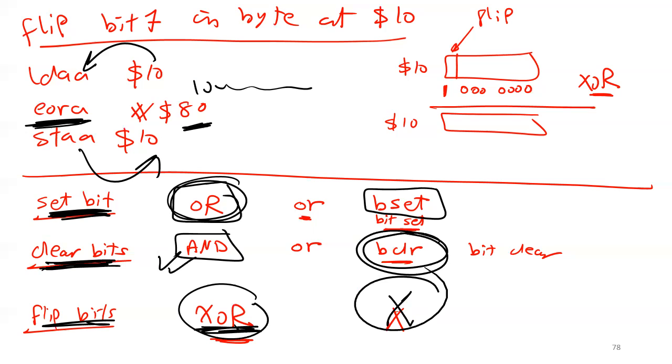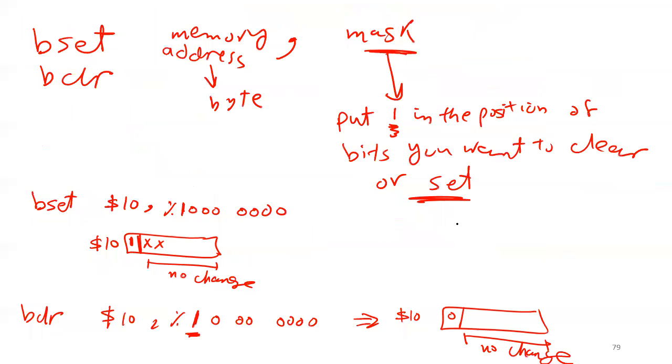Now, how can we do bit set or bit clear? What is the instruction here? This is the format of the instruction, and it's very close to branch if clear. You can say bit set or bit clear, and then you have to put here the memory location, the memory address.